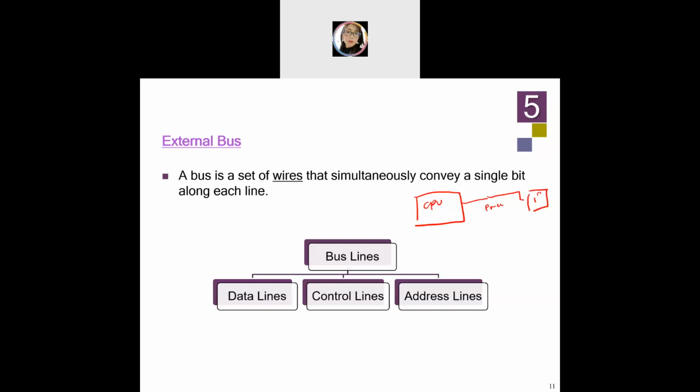There will be a plug like this. You can see one wire, but inside it there will be several wires. They have their own task or function, similar to our bus system and also our bus line.